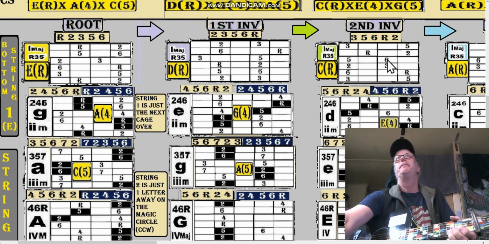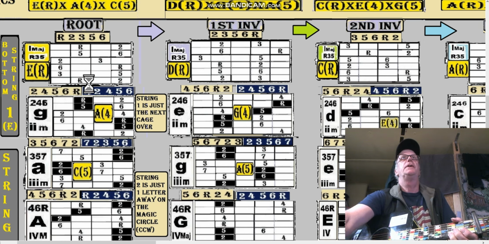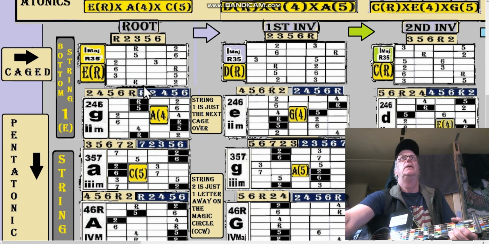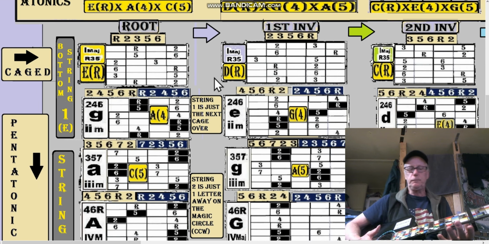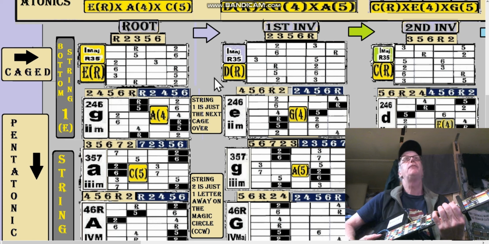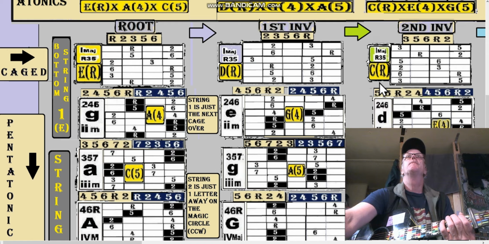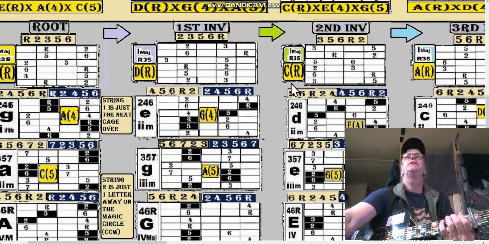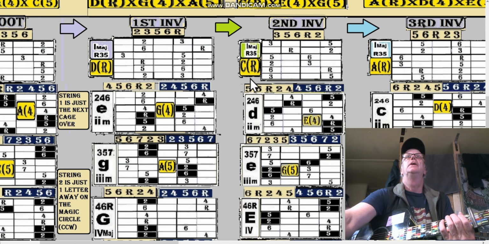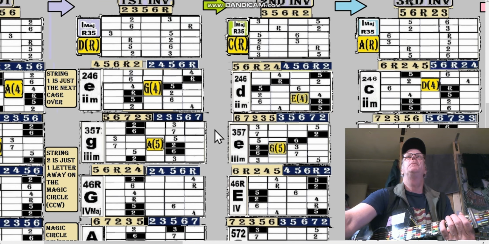All right. The first one is the E shape. We could do the E shape of the F. So F would be the root. But it would be more appropriate actually to do that F from the C box.